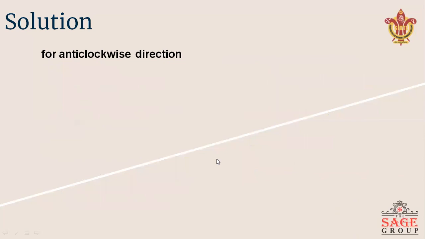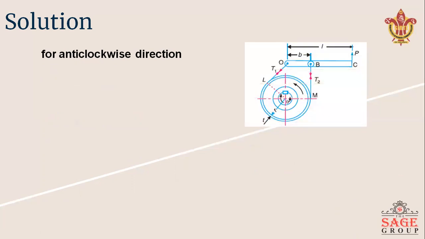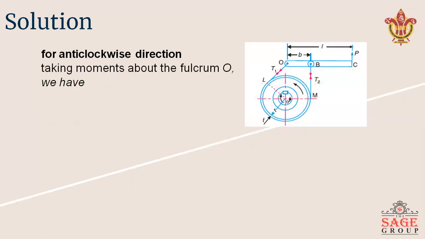Now for anti-clockwise rotation of the drum, we have the value of P. So now taking moment about point O, or we can see that this is the fulcrum, P into L is equal to T2 into B. So P into L, that means force into perpendicular distance, direction anti-clockwise, and the second one is T2 into this perpendicular distance B, direction clockwise, and T1 into 0.